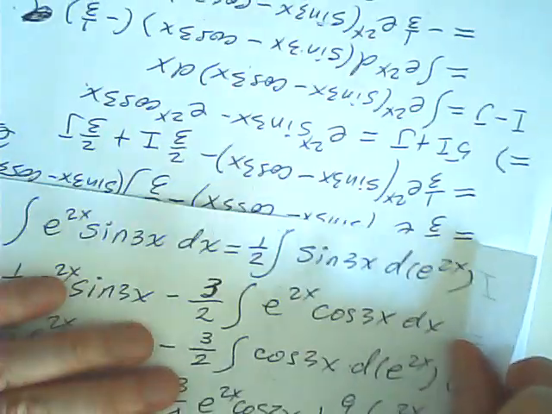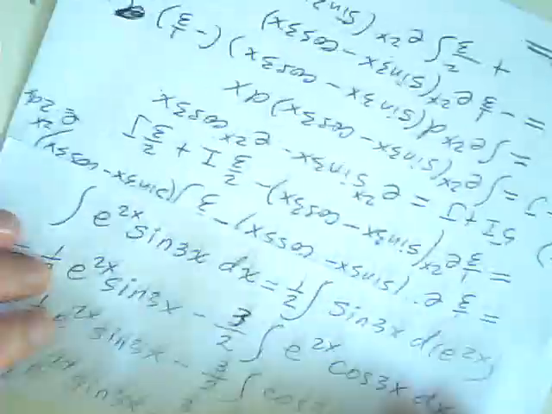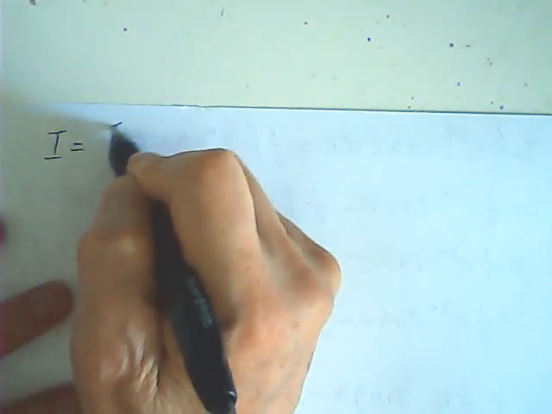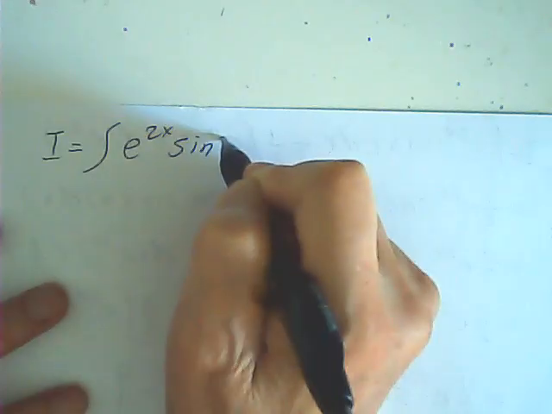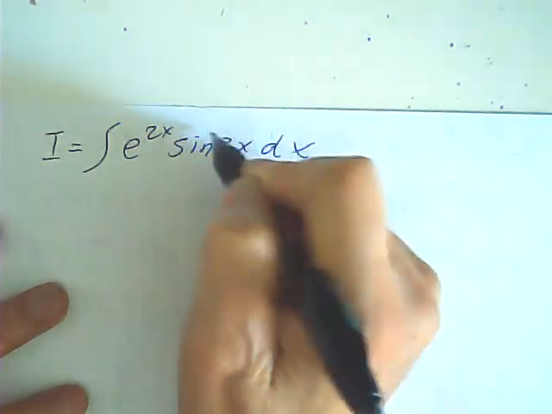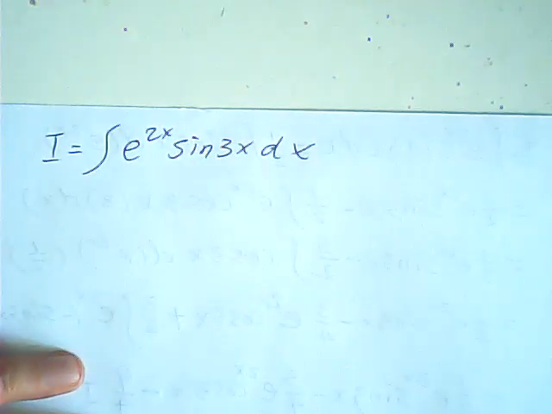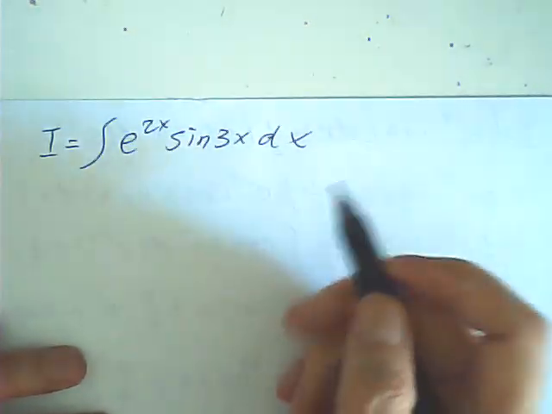And lastly, the fourth method. Let me use a new paper. Okay, the fourth method. I is equal to the integral of e to 2x sine 3x dx. The fourth method, I'm using complex numbers.